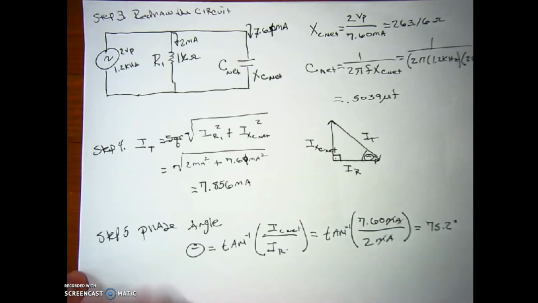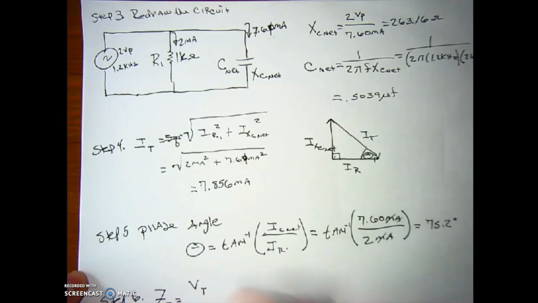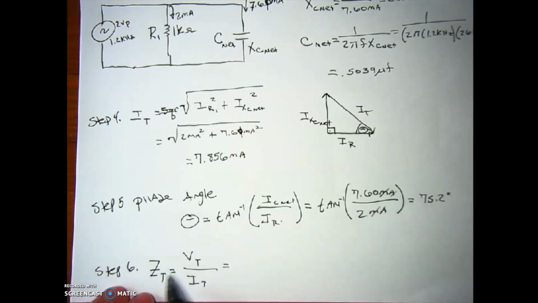Finally, in step 6, we can solve for the impedance of the circuit. Z total is equal to, again, voltage total over the current total. And sometimes people would say, well, can we do that before the phase angle? Yeah, you could do that before the phase angle.